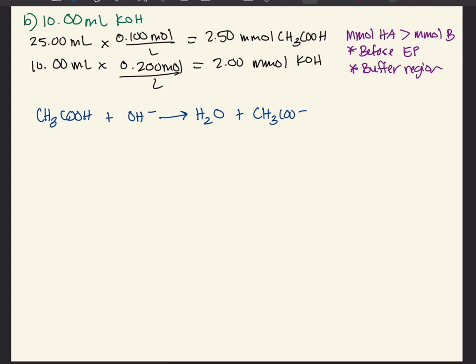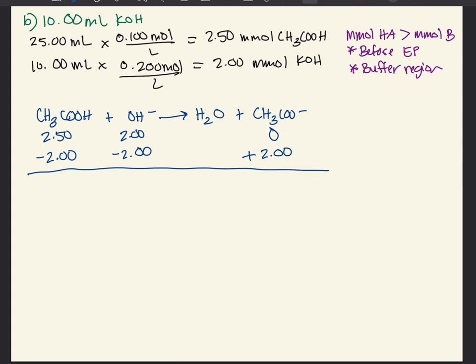So when I start out, I'm going to have 2.5 millimoles of acetic acid, 2 millimoles of my hydroxide, and I don't have any of my acetate. In this case, the hydroxide is the limiting reactant, so that is going to be completely consumed, and it is going to be converted into acetate.